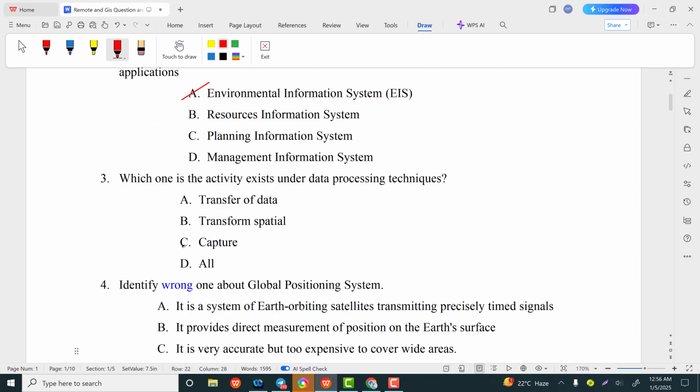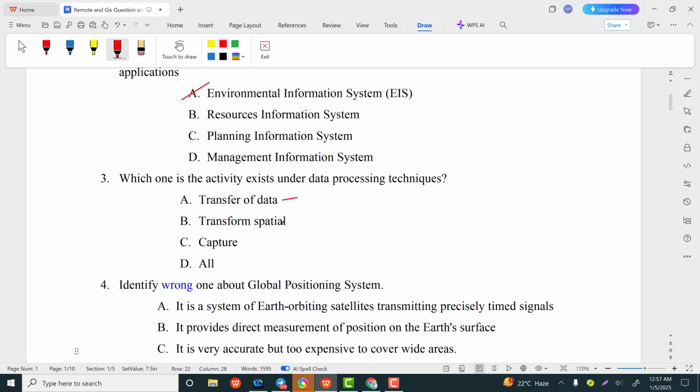Question number 3. Which one is the activity that exists under data processing technique? As you know, data processing technique contains multiple steps. A. Transfer of data. Data can be transferred from one device to another device, and it can also be transferred from one data type to another data type. This is correct. Transform spatial data. We have the potential to transform one spatial data to another.